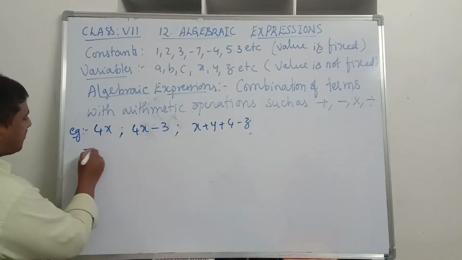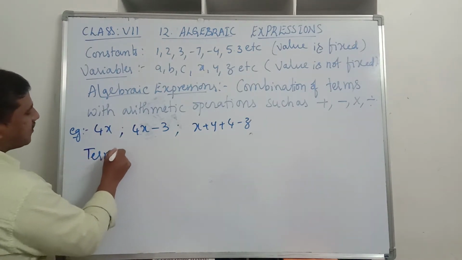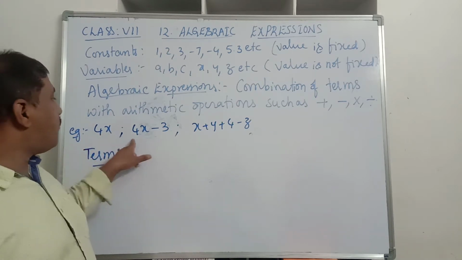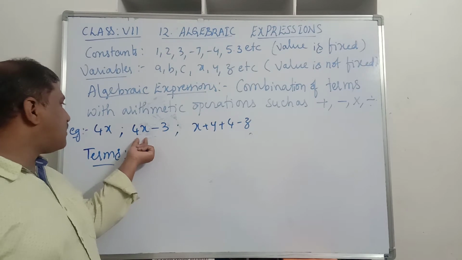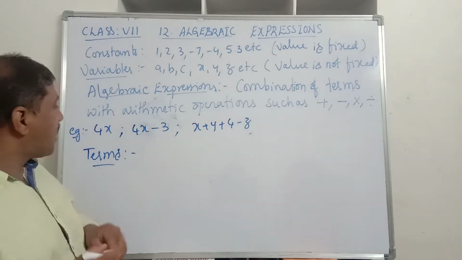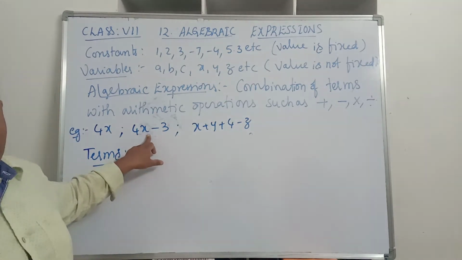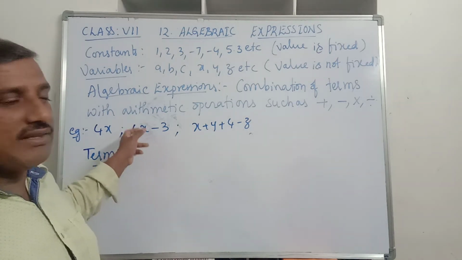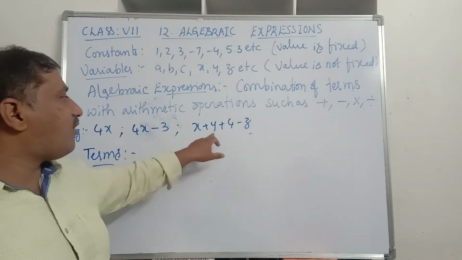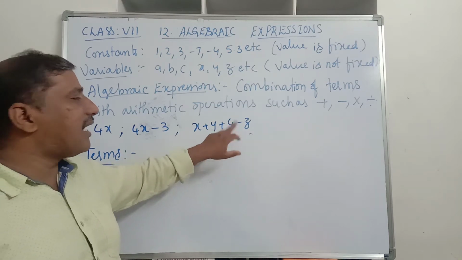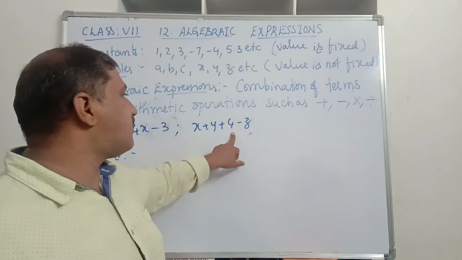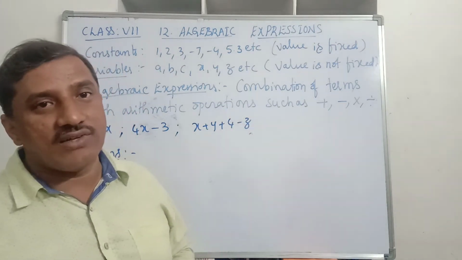Now what are terms? As I used the word terms, see here, 4x is a term. In 4x minus 3, 4x is one term and 3 is one term. 4x is obtained by multiplying x with 4. And in x plus y plus 4 minus z, x is one term, y is one term, 4 is one term, and minus z is one term.